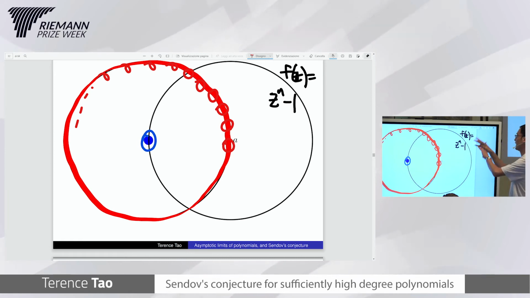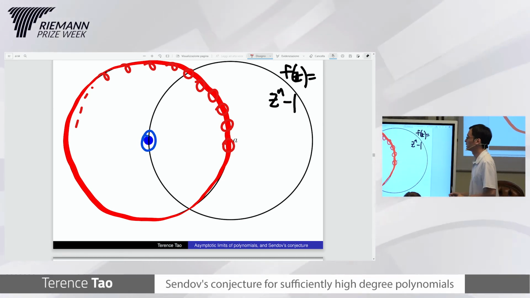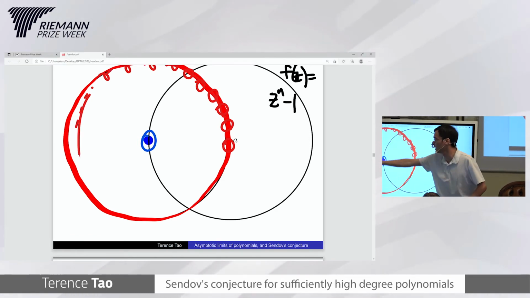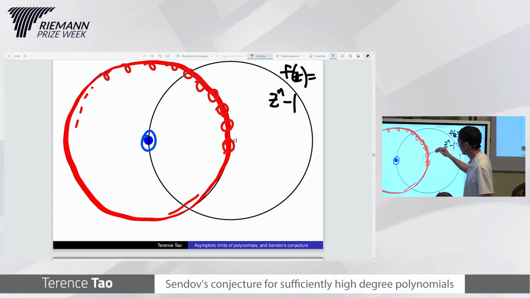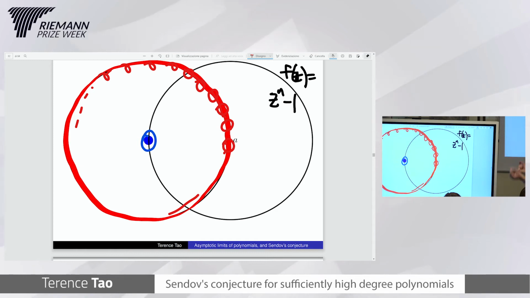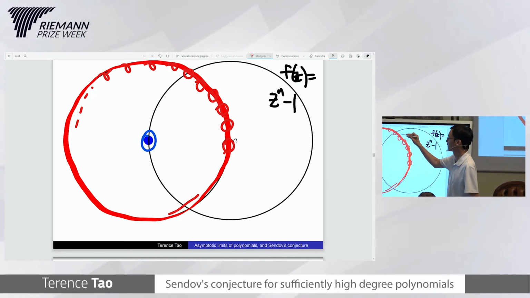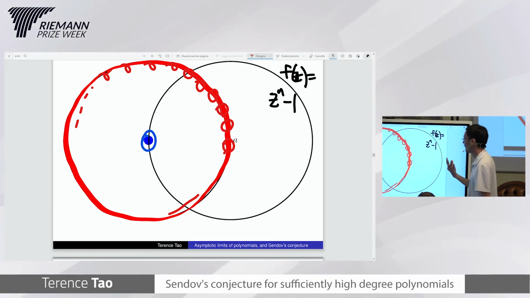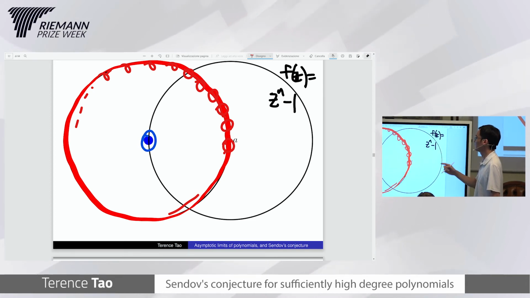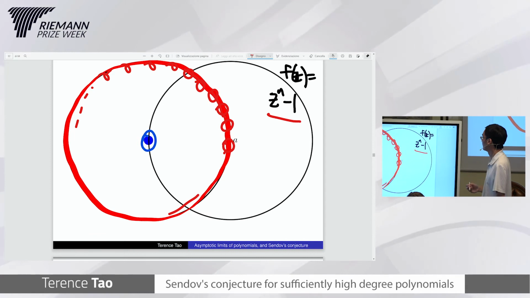But as n goes to infinity, this discrete measure becomes more and more continuous, and in the limit, it converges in distribution to a uniform continuous random variable on the unit circle. So you just pick the Haar measure on the unit circle, or you pick a random point uniformly on the unit circle, and so these two measures are the limiting case. That's what the limit of this sequence of polynomials should be.